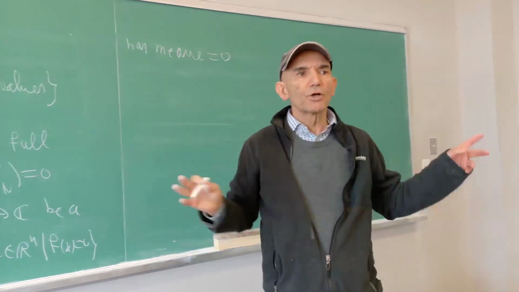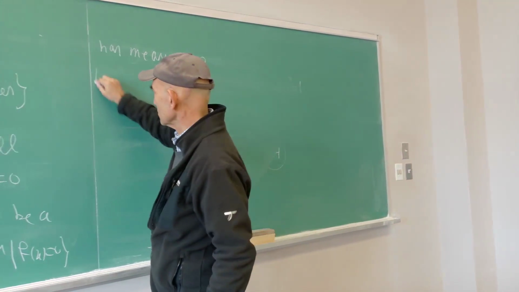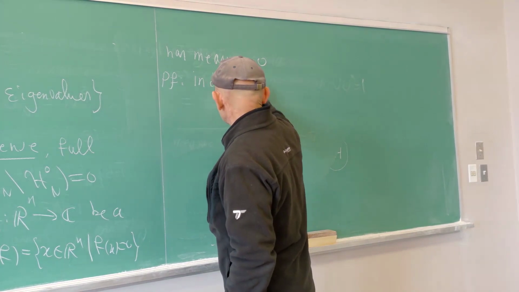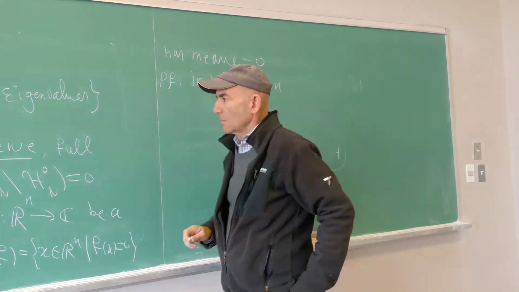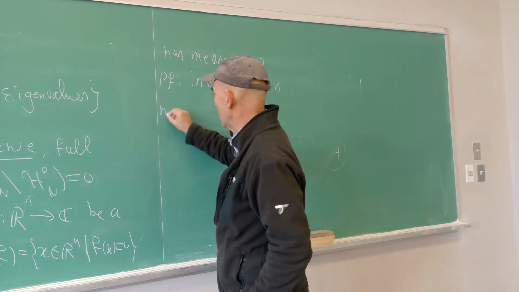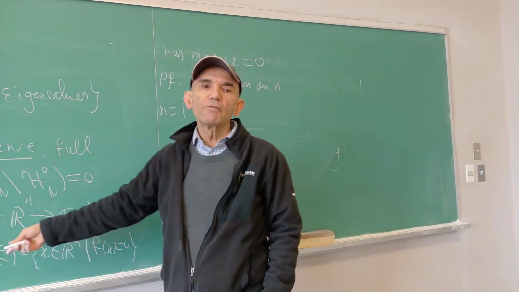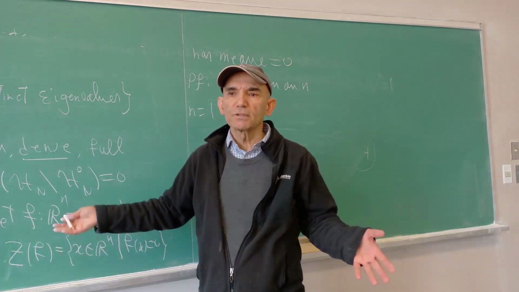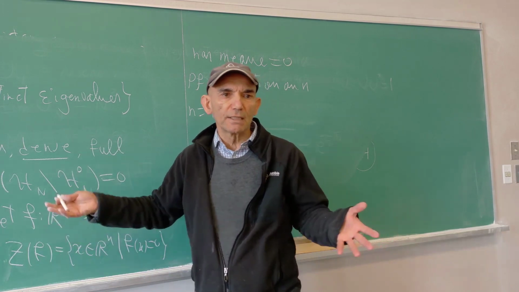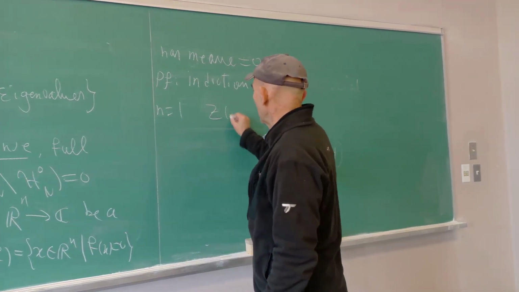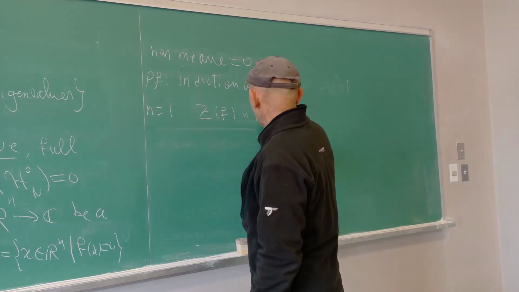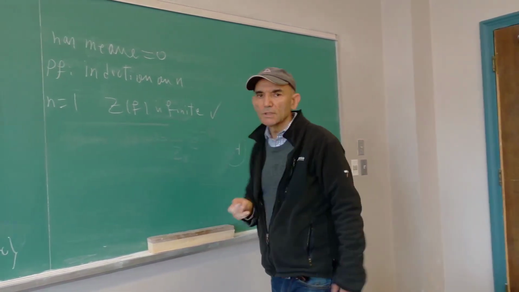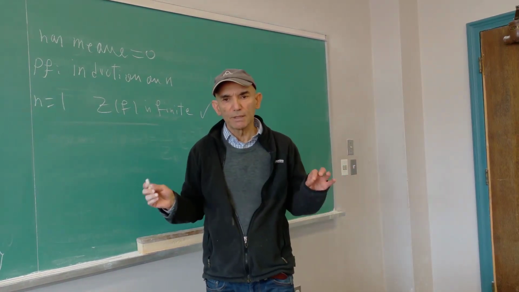To prove this, we can use induction on n. First of all, for n equal to 1, this set is simply finite, because you have a polynomial in one variable, and the set of solutions of this polynomial equal to 0 is a finite set. So Z of f is finite, and so it has measure 0. A finite set has measure 0 automatically.